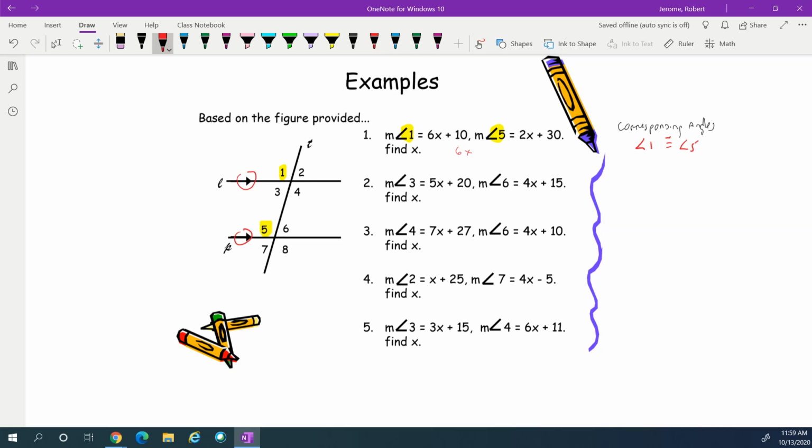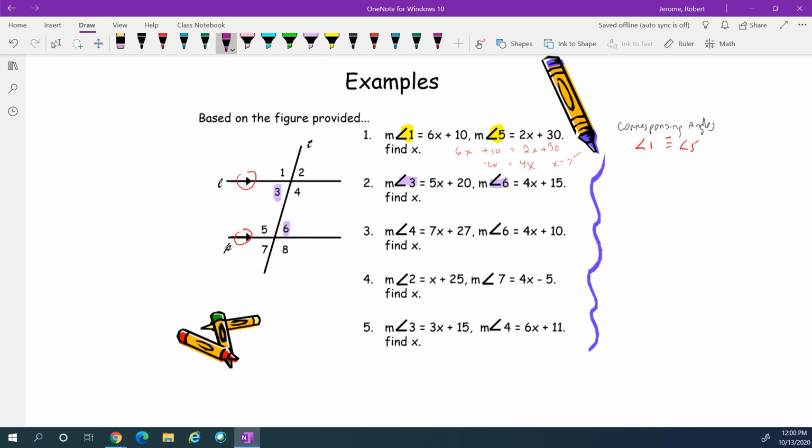So 6x plus 10 equals 2x plus 30. And we can find out that that's 4x equals negative 20, x equals negative 5. Again, we have parallel lines. We already confirmed that. Angle 3 and angle 6.